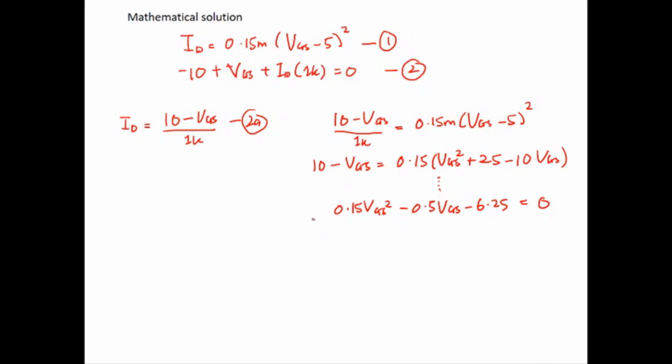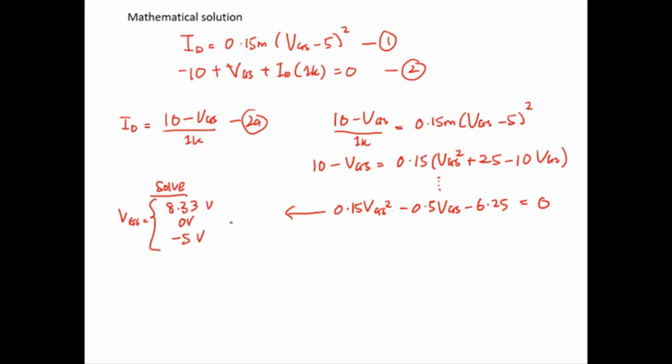When you solve this equation, you will get two solutions. The VGS will be 8.33 or minus 5 volt. Because this is quadratic, you have two solutions.